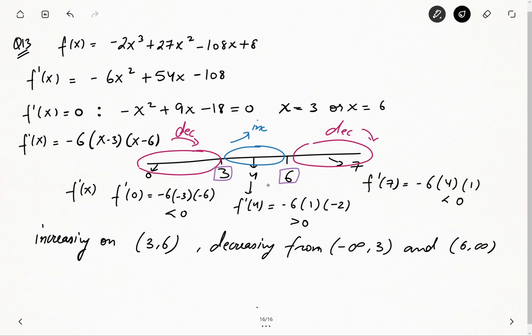From looking at that behavior, you can figure out whether it's increasing or decreasing. In this context, the A value is going to be 3, and the B value is going to be 6. And you know that this is increasing in that interval, and decreasing in the other ones. You can fill in the blanks yourself.